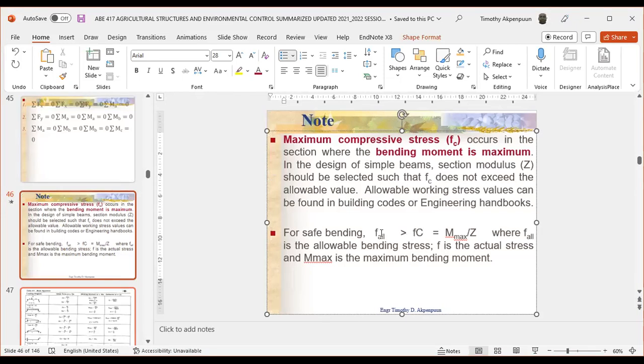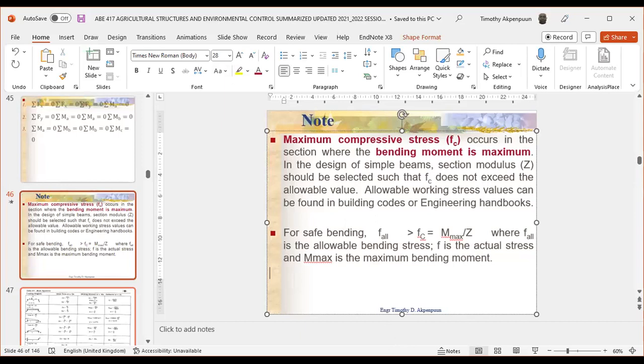Allowable. Now we'll make this small letter.